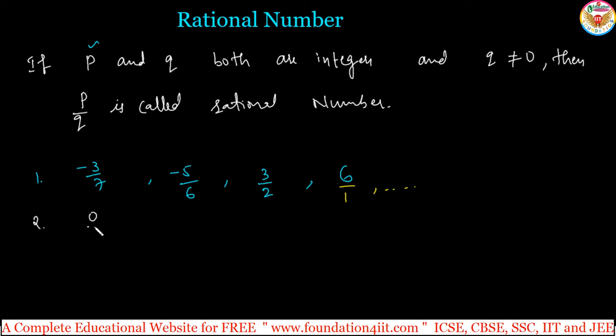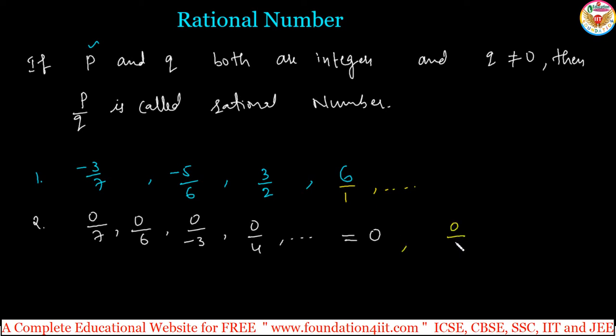One more thing to remember: for example, 0 by 7, 0 by 6, 0 by minus 3, 0 by 4. These all are exactly equal to 0. So 0 can be written as 0 by any number, but the denominator should not be 0.